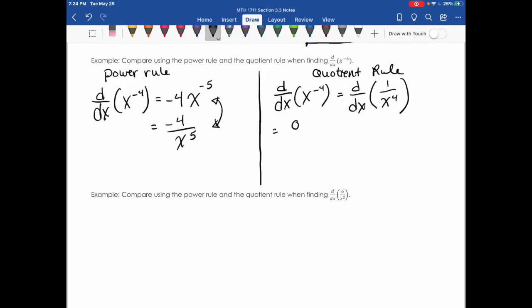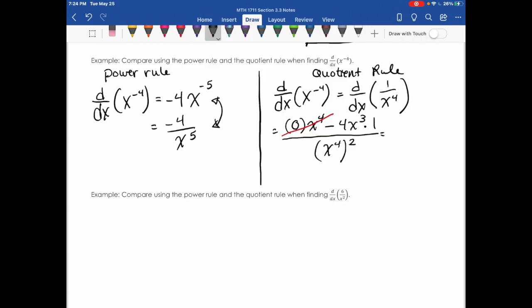So now with the quotient rule, I take the derivative of the top function, that's 0, times the bottom function, which is x to the 4th, and I subtract the derivative of the bottom function, which is 4x to the 3rd, multiplied by the top function, the constant function 1, and then I divide by the bottom function squared. So that's x to the 4th squared.